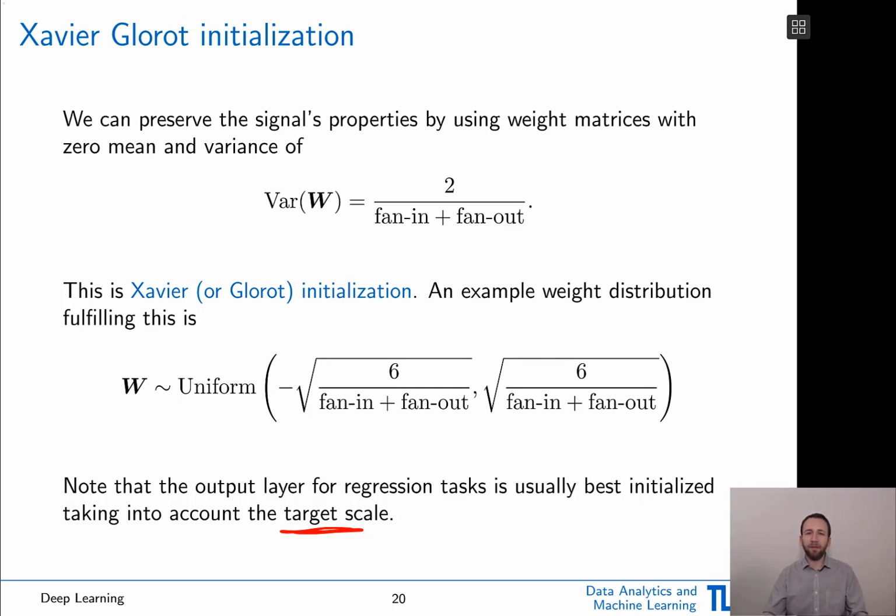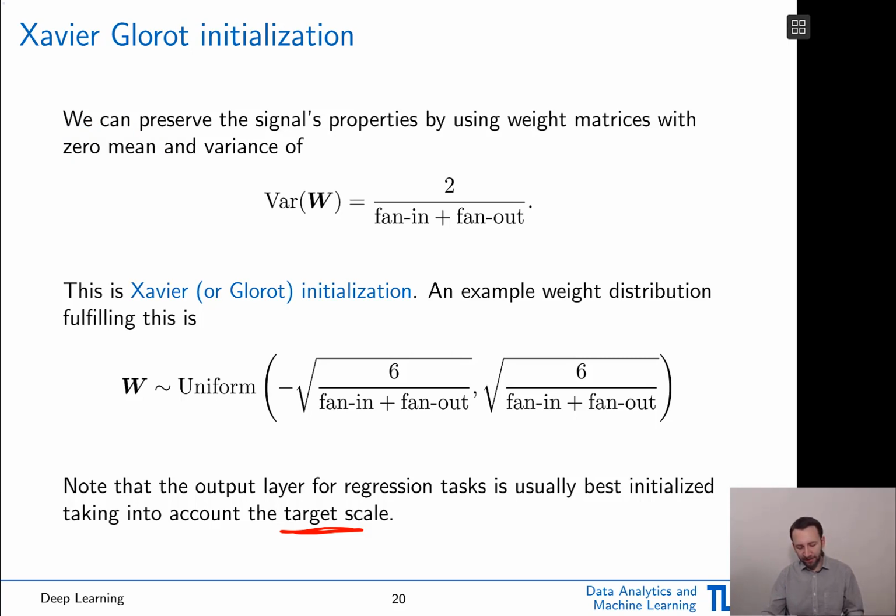Then of course you should make sure that your weights in the last layer are also initialized in a proper way, right? Meaning, for example, you can on one hand put the bias term in this last layer so that it accounts for the target scale, let's say a shift of 5, right? So not a 0 mean, but a mean of 5, so to say.